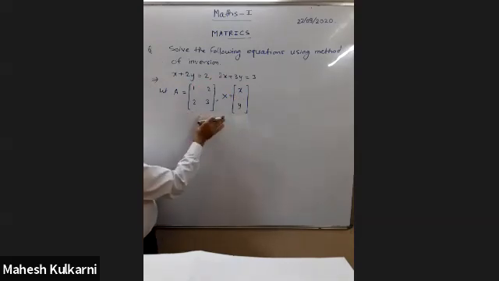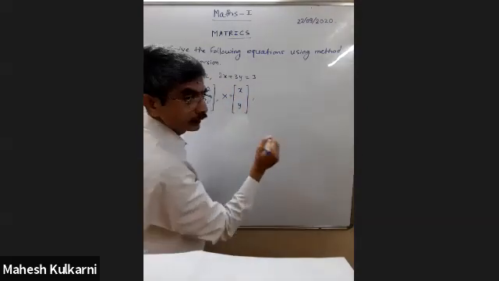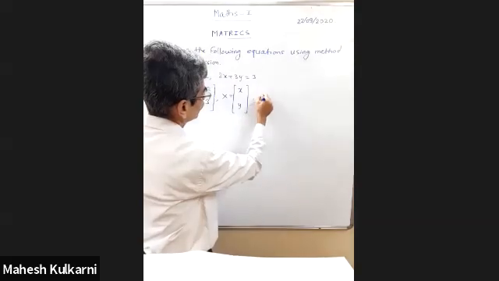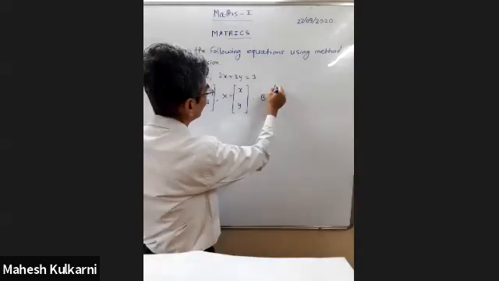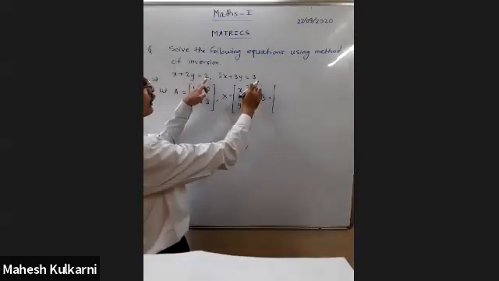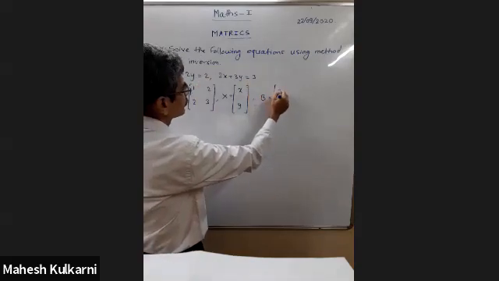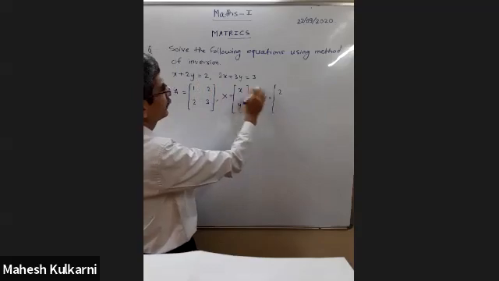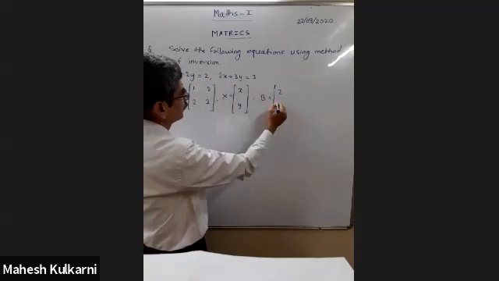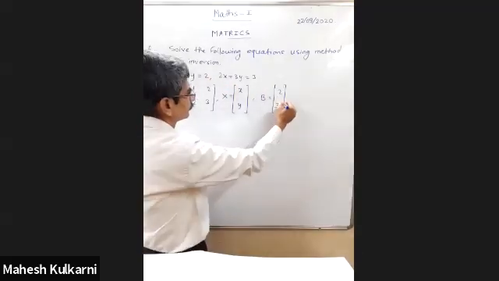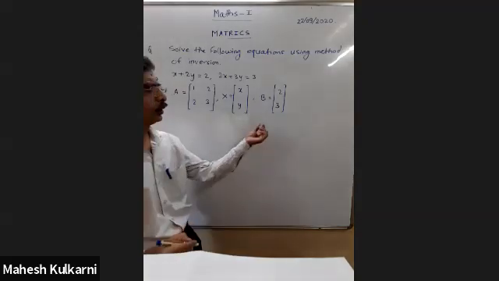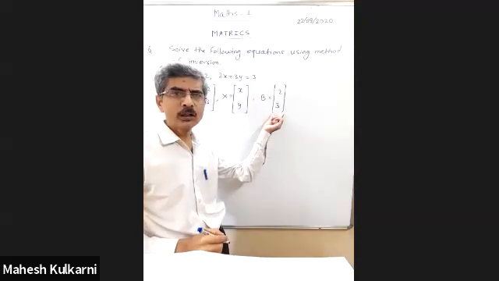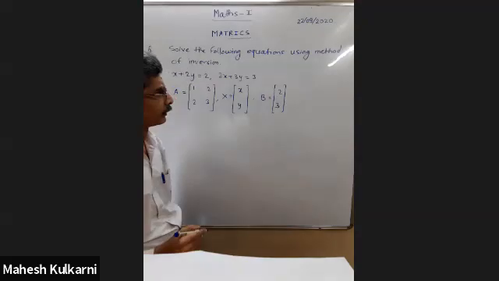These two matrices are defined such that their product will be the matrix B, which is the matrix of the constant terms. Write the constant terms in the same order as the equations: in the first row constant 2, and here 3. And this is also a matrix of order 2 by 1.